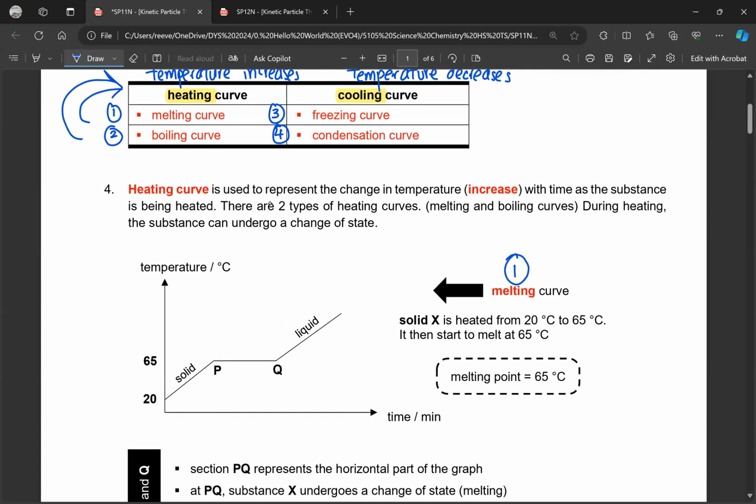For melting curve, what is it talking about? It's basically solid melting to become liquid. That's called a melting curve. Very straightforward. Solid to liquid is melting, and I call this melting curve. As you can see, the temperature increases.